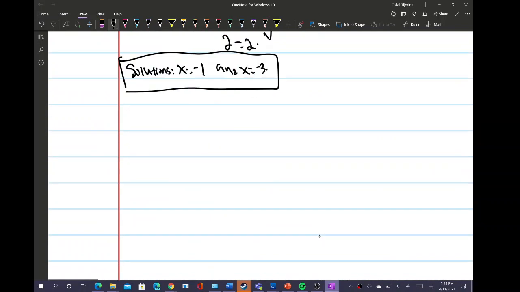So let's move on to absolute value inequalities now.